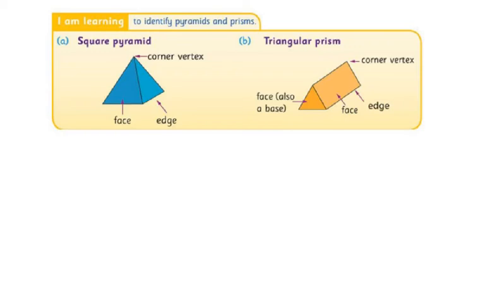Let's look at the properties of a triangular prism. Again, like the other 3D objects, we really need to be able to hold them and explore them, and to be able to describe and classify the shape. So let's give it a go. We'll work on the faces first. How many faces has a triangular prism?